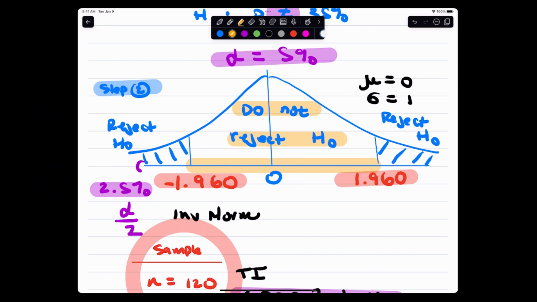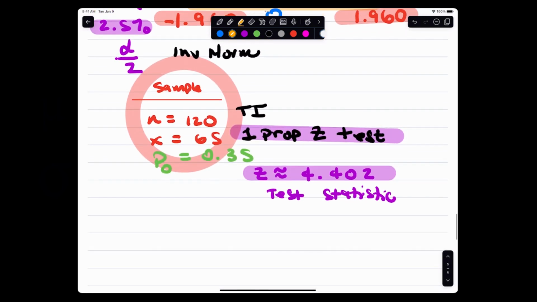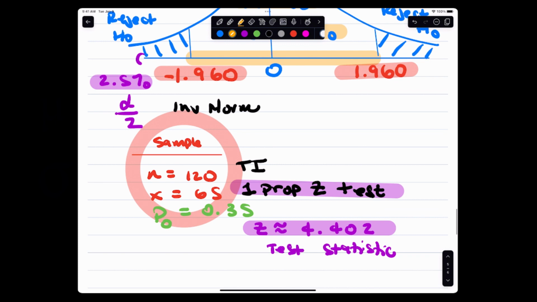We're going to talk about that language. But because that number you got is bigger than your critical value to the right, because it's positive, right? Because it's bigger than 1.96 over here, that's going to be 4.402. That's where your test statistic lives on the decision rule.